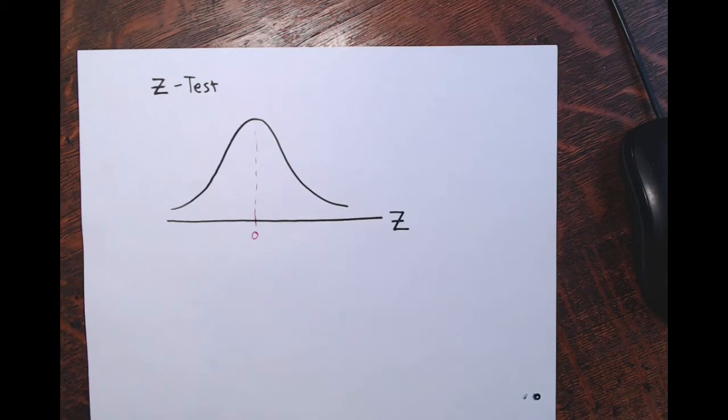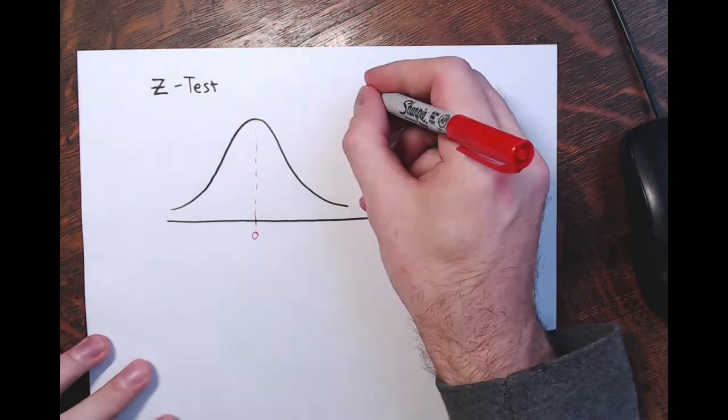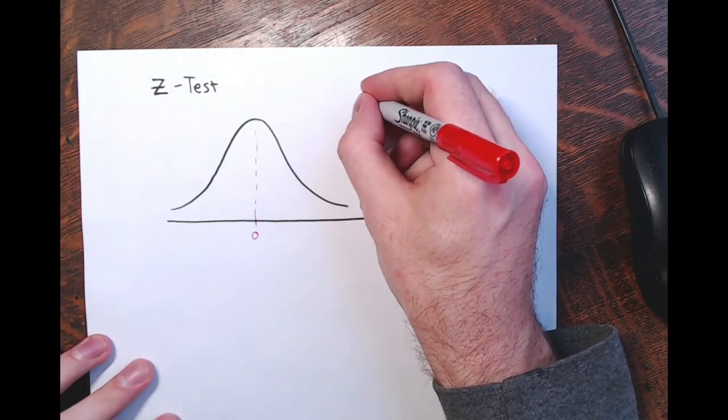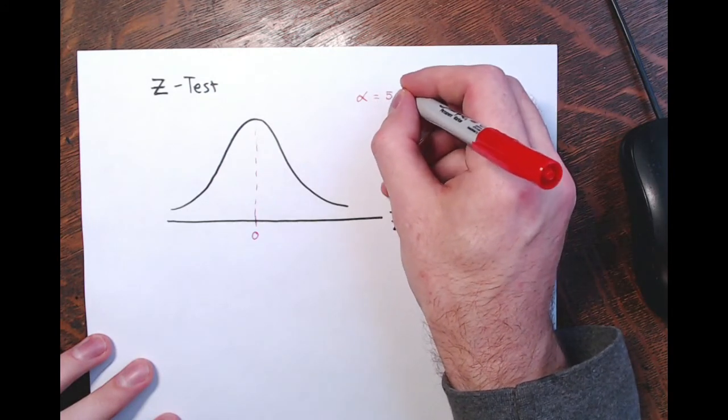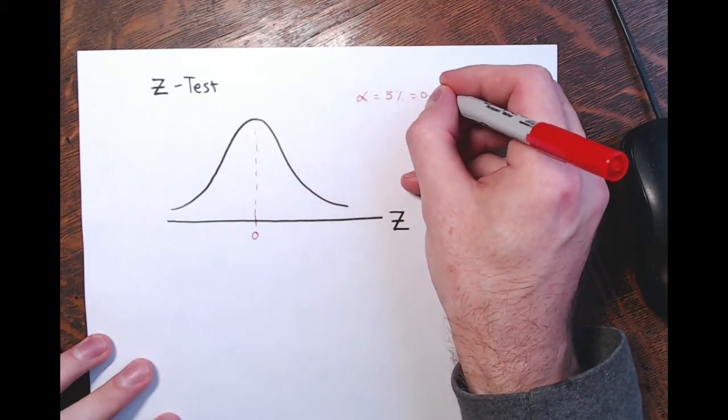And then we're looking for these rejection regions, critical values. Now, alpha, the significance level here, was 5%, or 0.05.